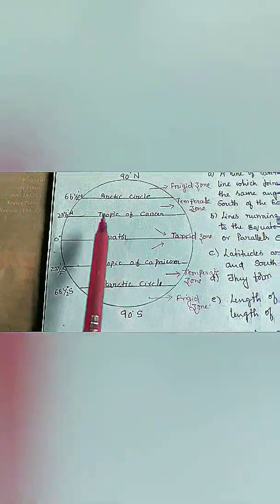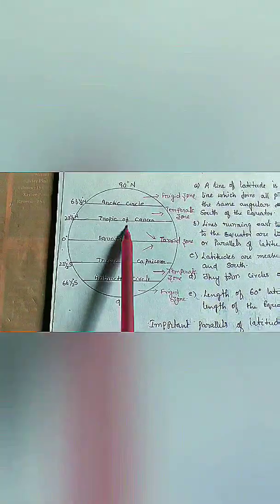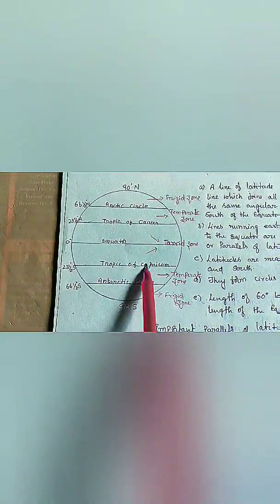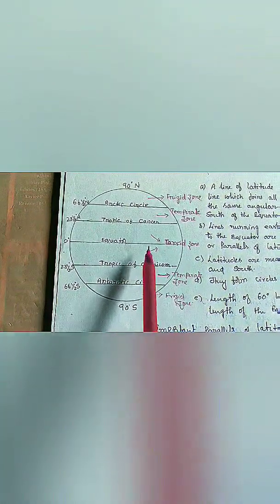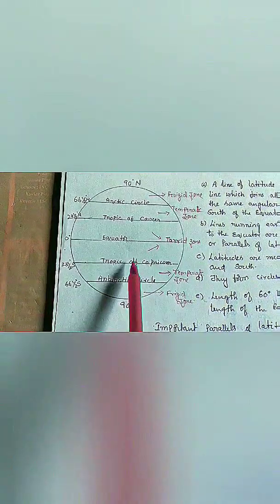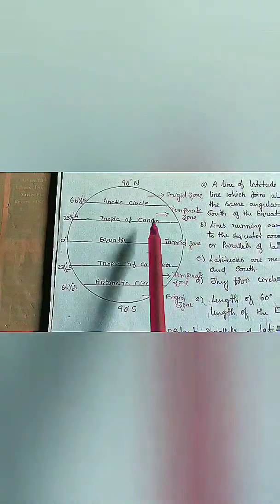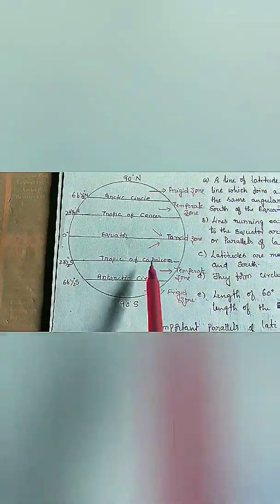The zone between Tropic of Cancer and Arctic Circle as well as Antarctic Circle and Tropic of Capricorn, in these two zones lie temperate zones. In this region, the climate is moderate, that is neither too hot nor too cold.